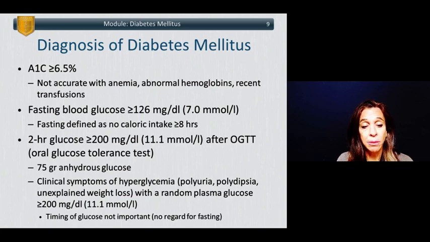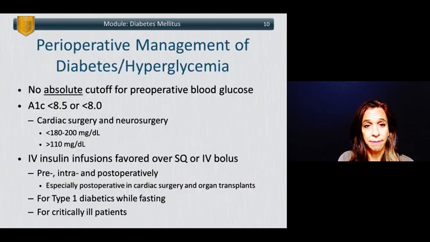Any clinical symptoms of hyperglycemia, such as polyuria, polydipsia, or unexplained weight loss with a random glucose level of greater than or equal to 200 milligrams per deciliter, is also diagnostic of diabetes. The timing of the glucose is not important in this latter setting if there are symptoms present.